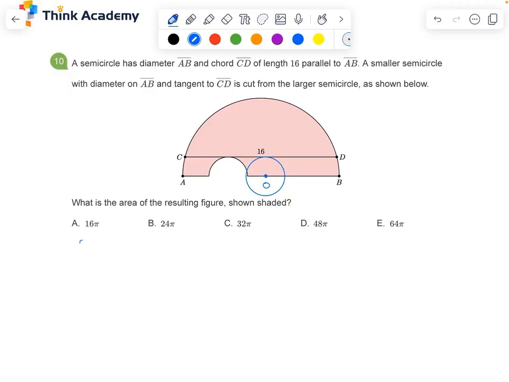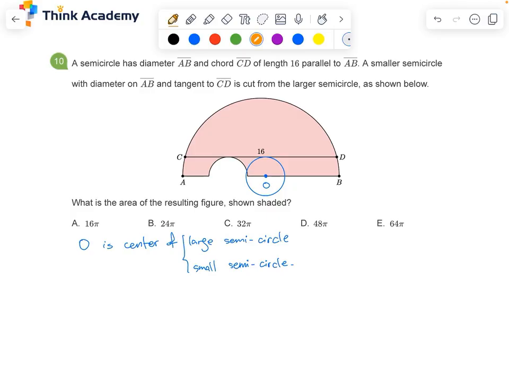So O would be the center of the large semicircle, and it can also be the center of the small semicircle after translation. And I can see that the small circle is still tangent to CD.